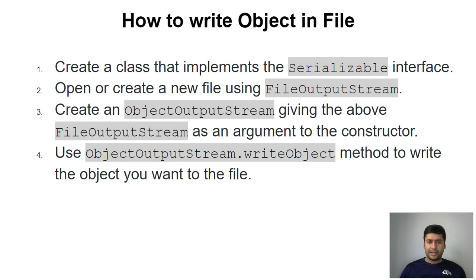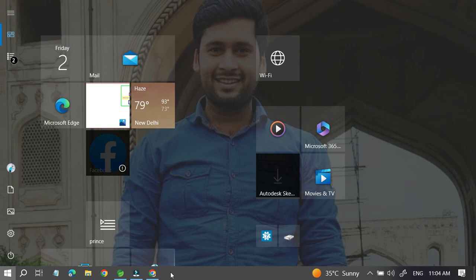So for that you have to take the help of the FileOutputStream and FileInputStream. That is fine, but along with that you have to take the help of the ObjectOutputStream. Object means we are going to write an object, not a particular string or integer value or byte value. So that time you have to take the support of the ObjectOutputStream. You can check whether it's a subclass of the OutputStream or not.